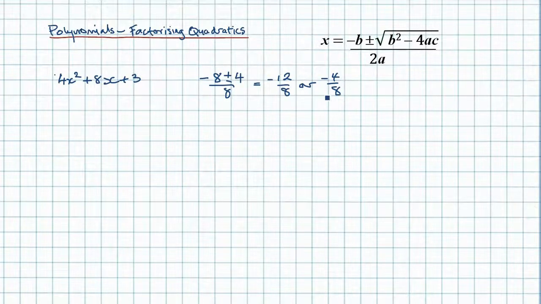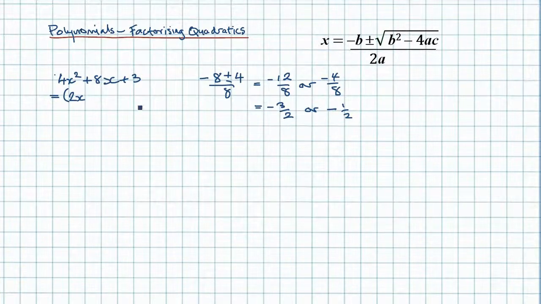And that means that our factors must be, well, here we have two terms which can simplify, so let's just simplify it first. So we've got minus 3 over 2, or minus half. So we take that 2 and say, well, that's our 2x.